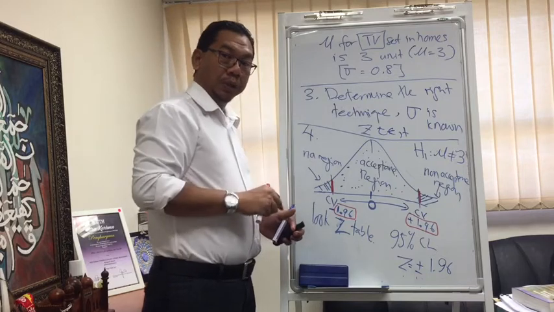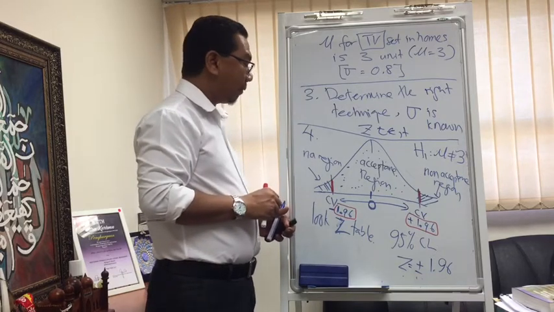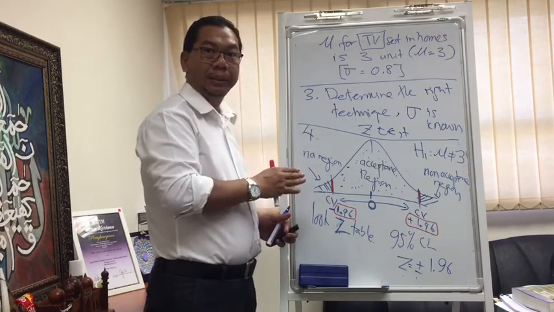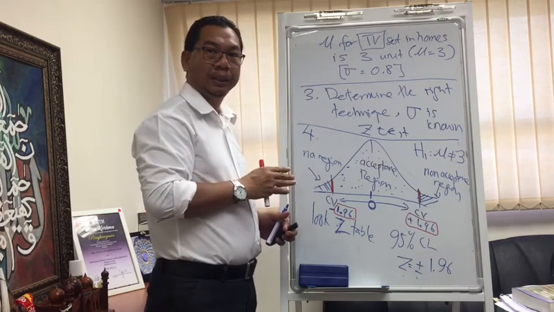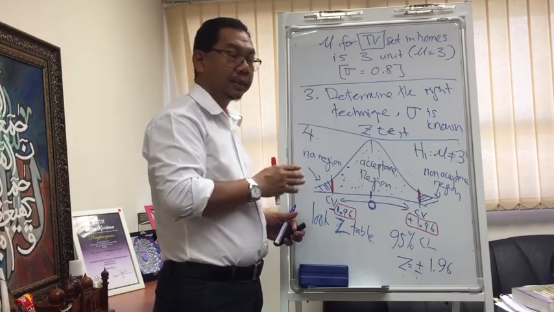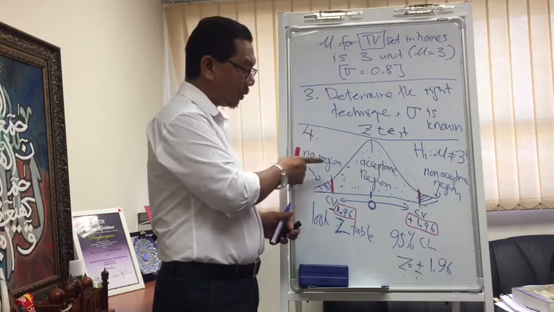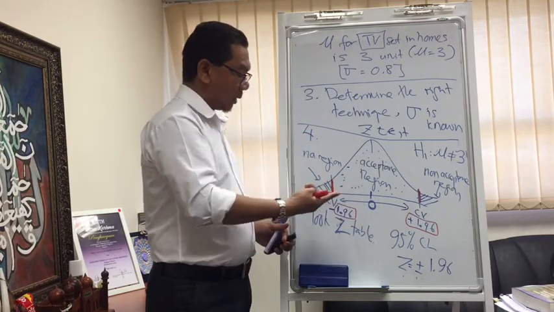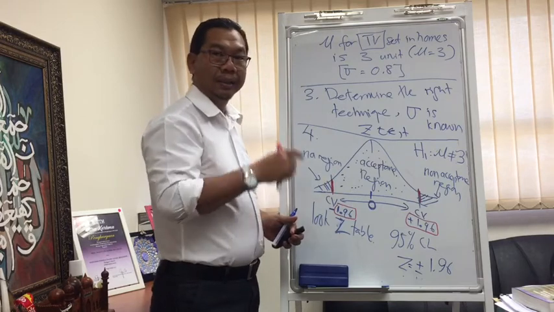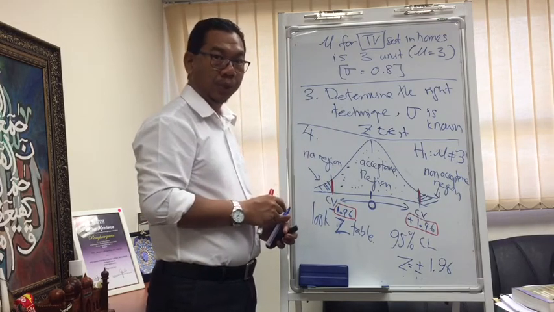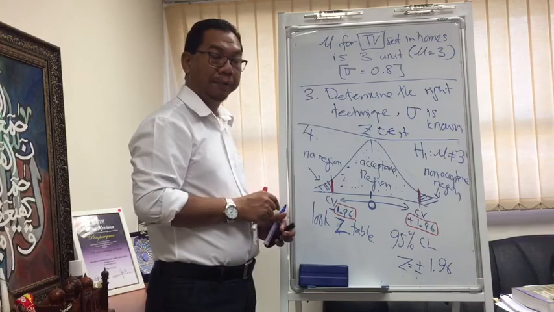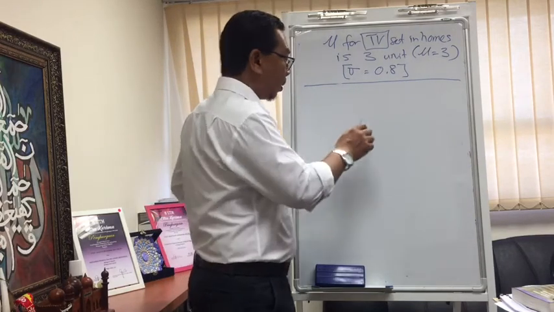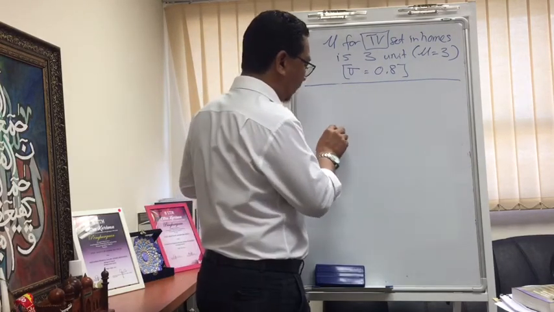Then we move to step number 5. We will calculate the test statistic value, while this one we call the critical value. Let me redraw first, to make it easier for you to understand.